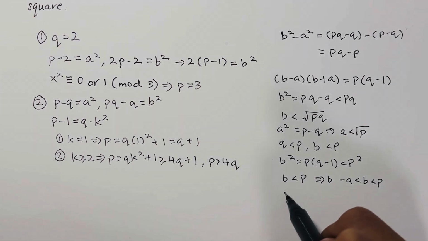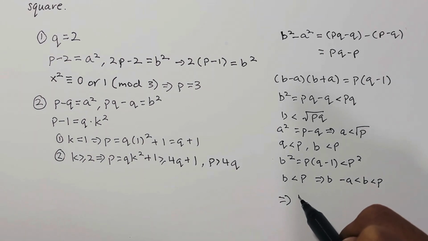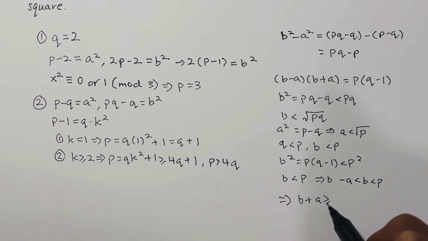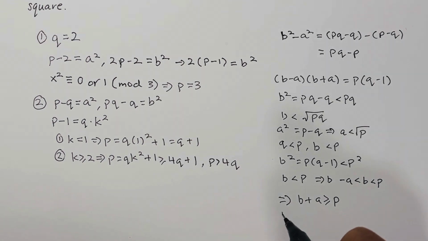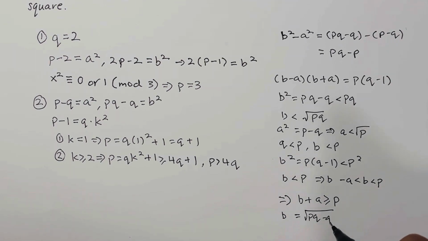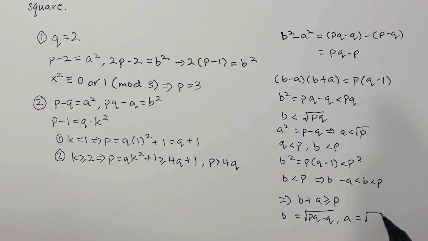So we'll have b plus a greater than or equal to p. Now the contradiction. We have established that b plus a is greater than or equal to p, so we can divide everything by square root p to make it easier to see. We have b equals square root of pq minus q, and a equals square root of p minus q.